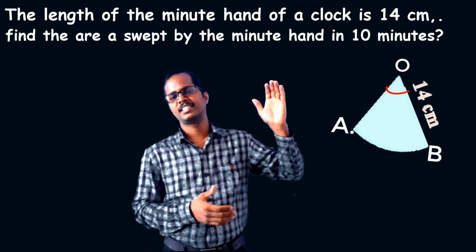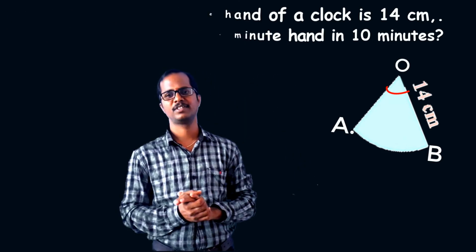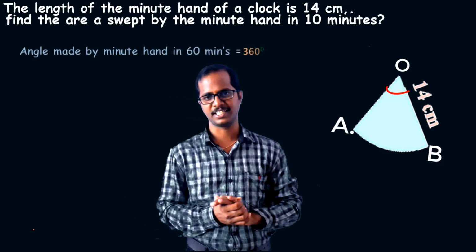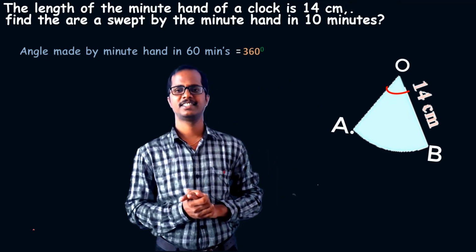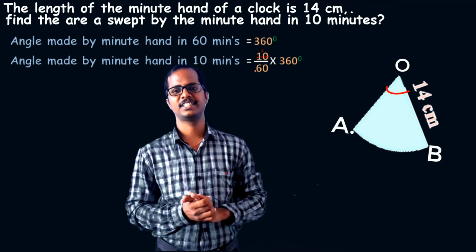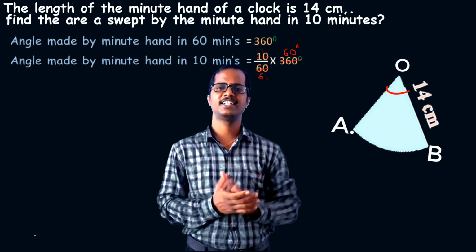That means in 60 minutes, the minute hand completes 360 degrees. So in 10 minutes, how much angle will it complete? To find this, we need to do 10 by 60 into 360 degrees. By simplifying it, we get 60 degrees.